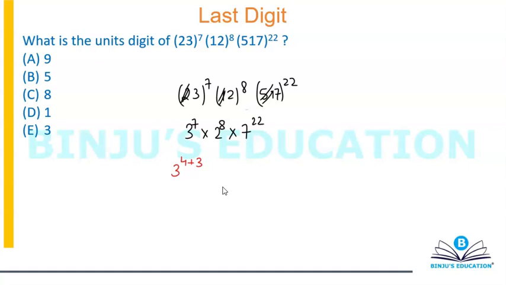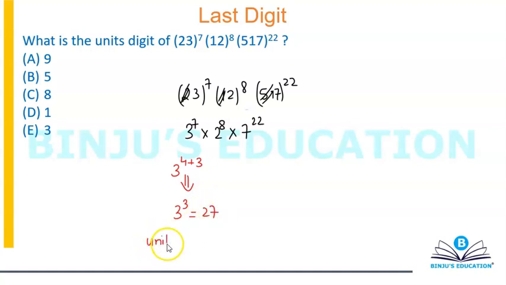In the next cycle you will only travel till the third power, which means as far as unit digit is concerned, this question is as good as 3 to the power 3, which is equal to 27, which means the unit digit is 7.